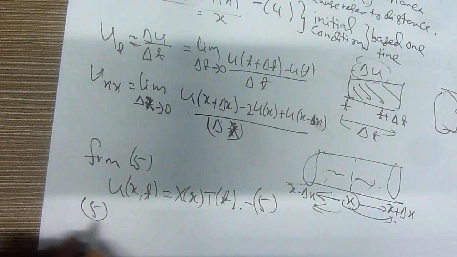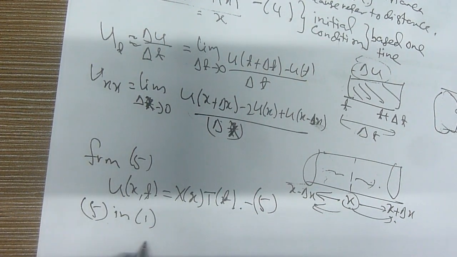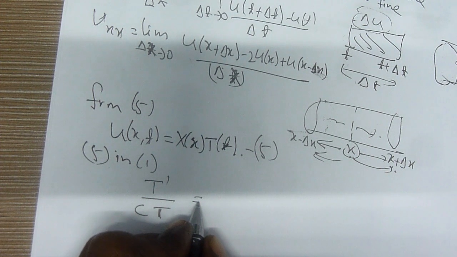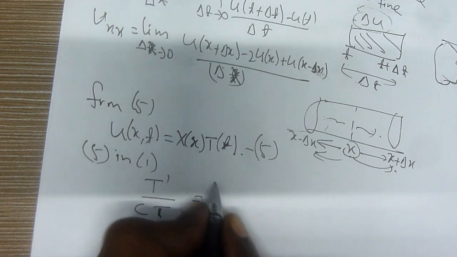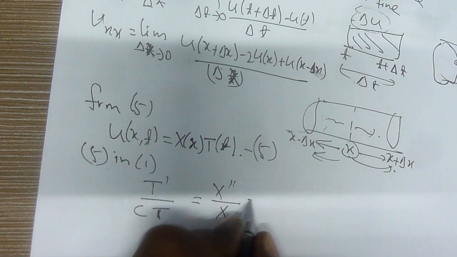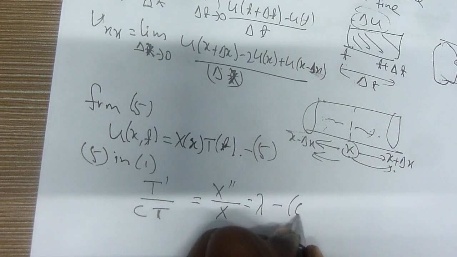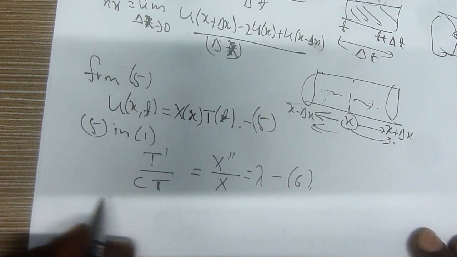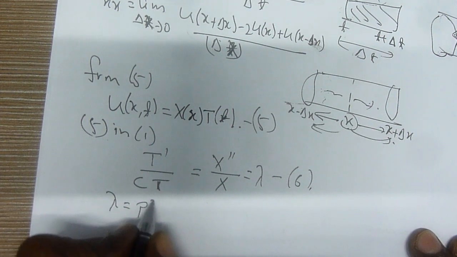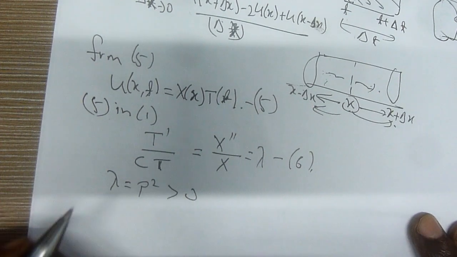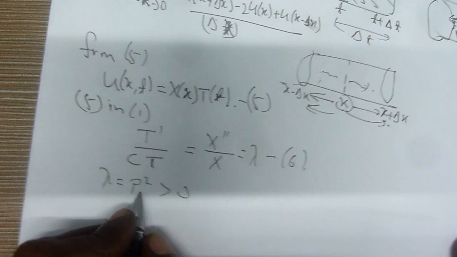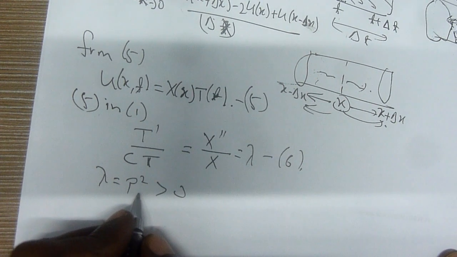Then 5 placed inside the equation 1, you get the equation 6 with lambda. Therefore, as we already learned before, lambda equals p squared, equals to, or greater. There are 3 solutions for this, as we all know, we already learned this before.